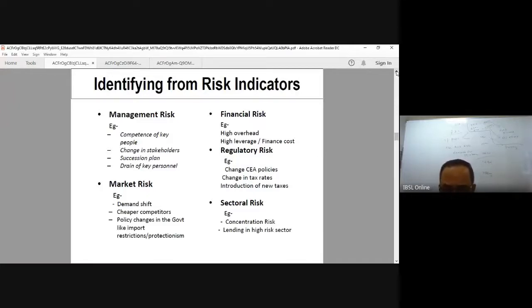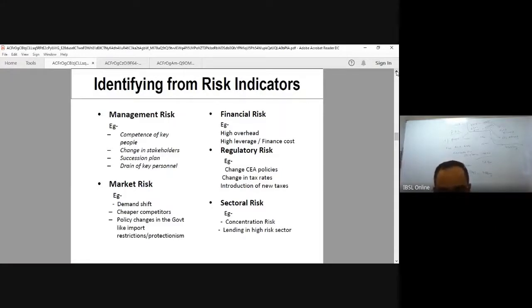Regulatory risks come from the environmental authority policies changing, new laws coming, certain things that cannot be done, certain emission levels, gas emission levels, smoke emission levels adjusted, certain additional measures brought in to safeguard the environment.